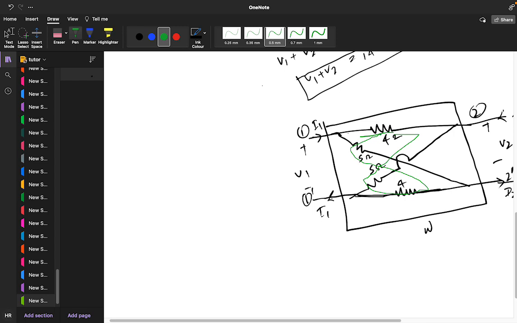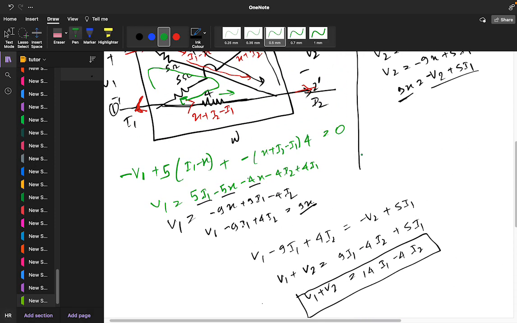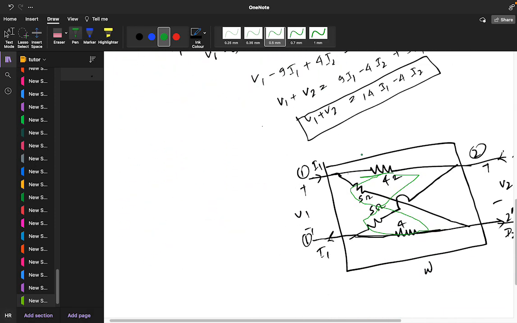Have you seen this? We have a closed circuit like this. This is moving like this, this is moving like this, and this is moving like this. So we can make one equation from here also, right? What will be the current equation we'll get?